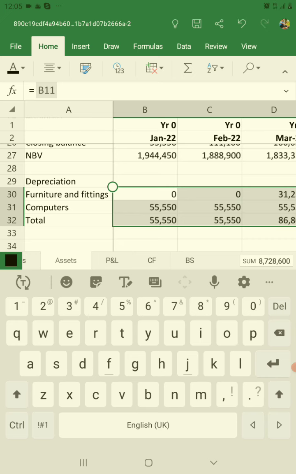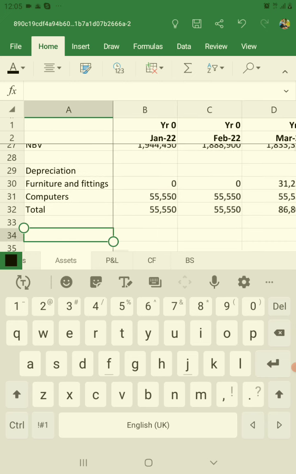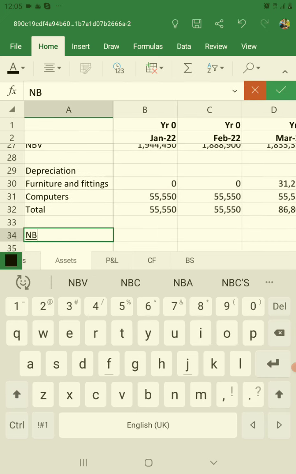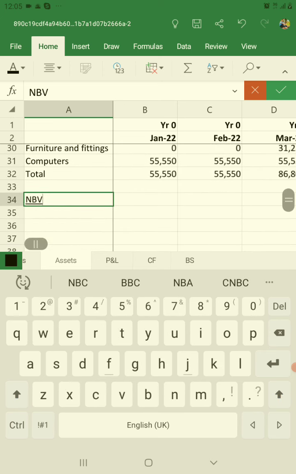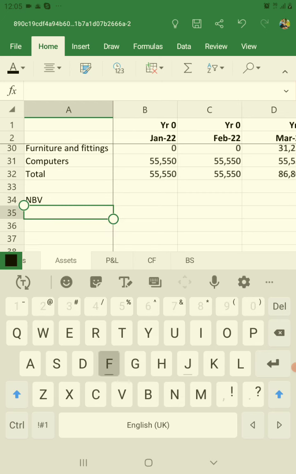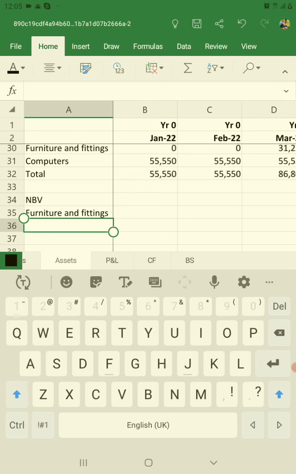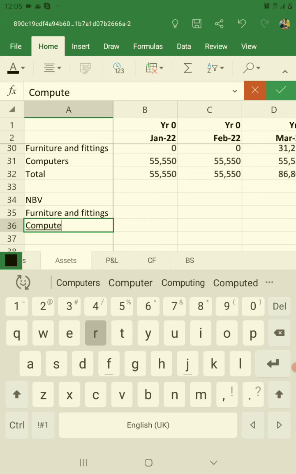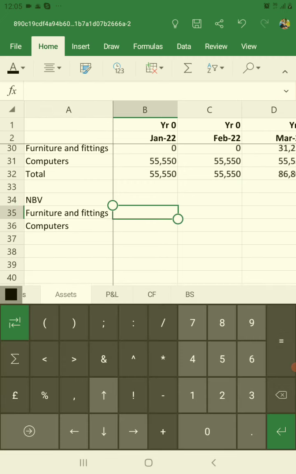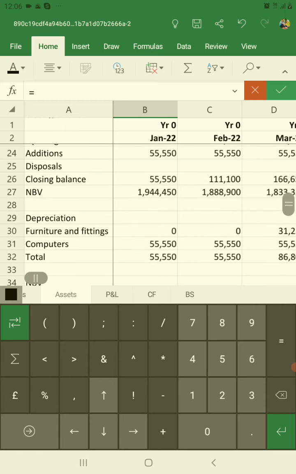and in the balance sheet we are also going to have a total figure for net book value. So let us make a summary for them. NBV, net book value, we have for furniture and fittings. We have computers. So let's go pick the figures for January. Start with the equal sign.